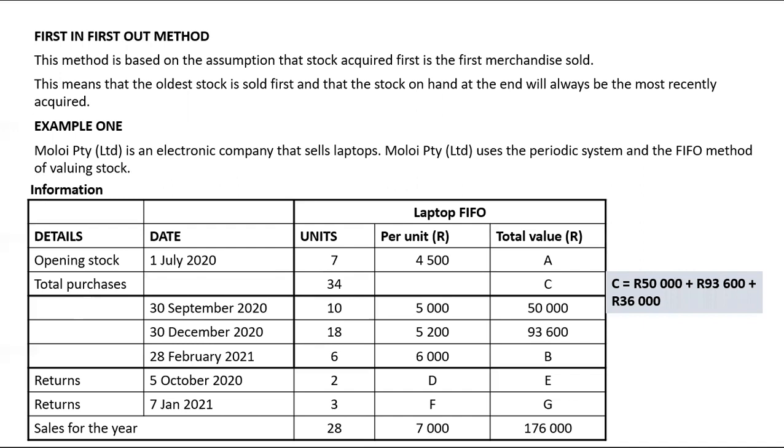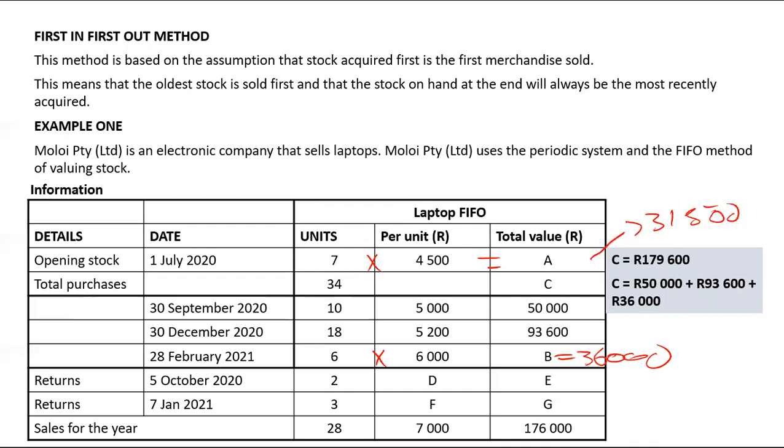And A will simply be 7 times 4,500, which is 31,500.